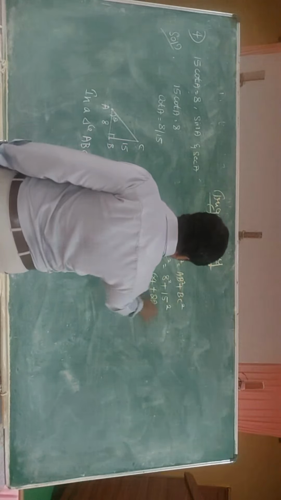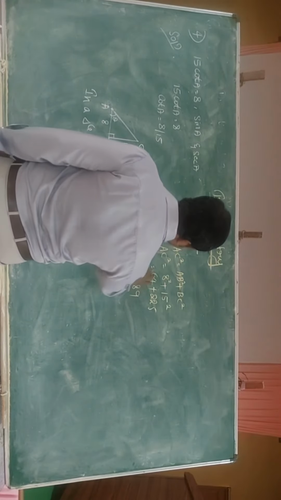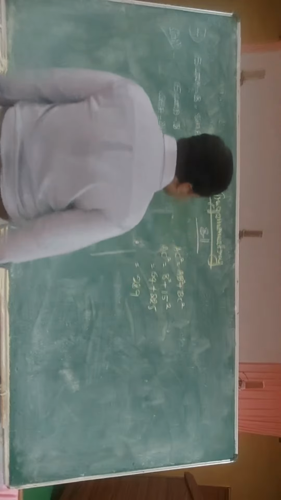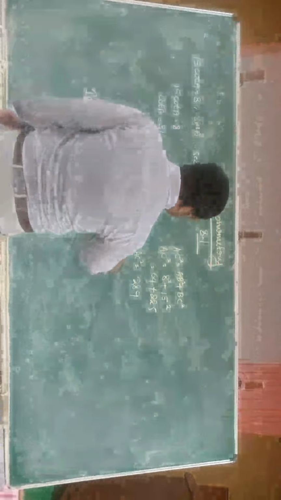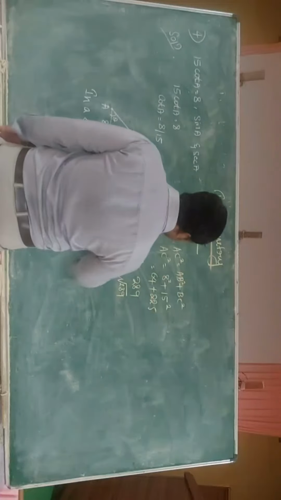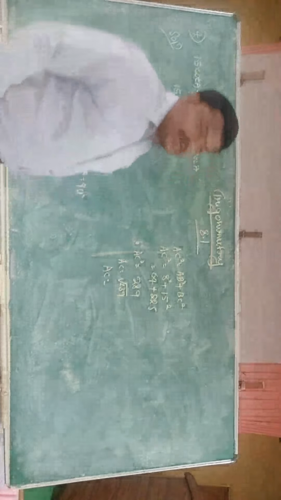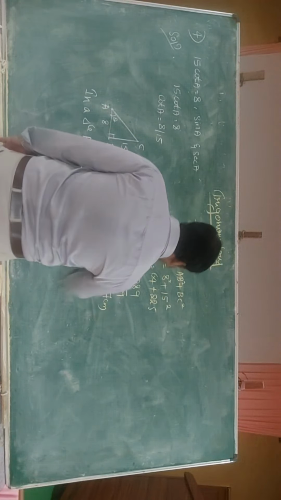So 225 plus 64 is 289. AC square is equal to 289 and AC is equal to root 289. 17 square is 289, so AC is equal to 17 centimeter.